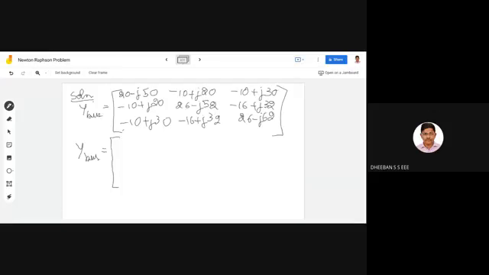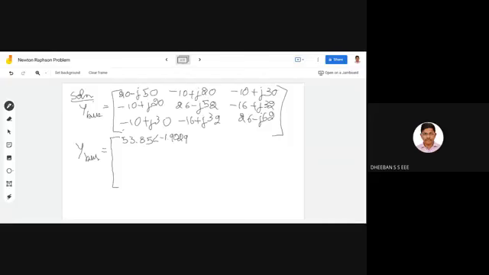No need to go for more. If it is coming out longer, just round off to 2 decimal points. So you will be getting 53.85 at an angle of minus 1.9029. So you're getting this answer.